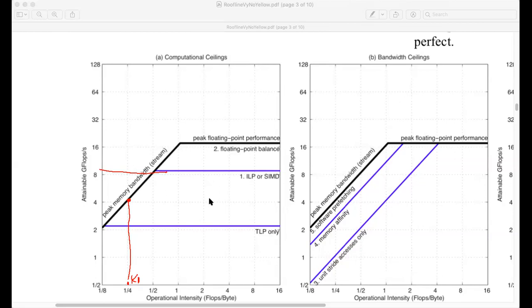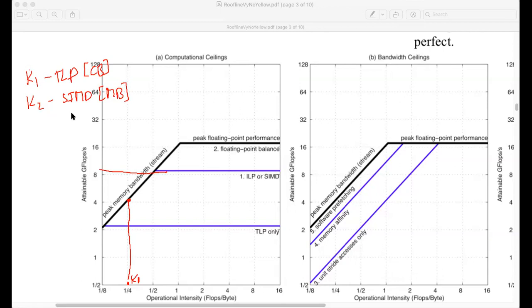So that is version K2 of the kernel. The original version is K1, TLP only, which is compute bound. Version K2 uses TLP plus SIMD, and then it becomes memory bound because you are processing data at a very high speed, but memory is not able to support it.